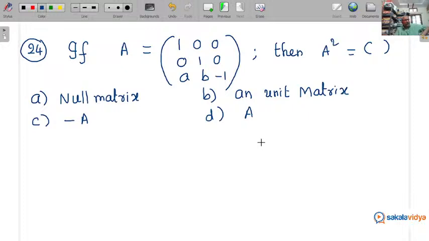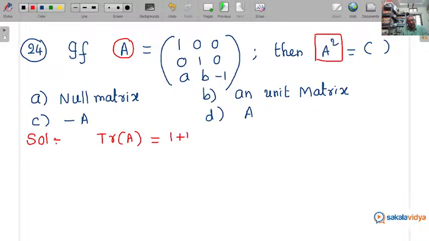So let us find out A square as you wish, your own way. So A is given. Next, A square we need to find out. See, first, trace of A find out. See, trace of A is equal to 1 plus 1 minus 1. Sum of the principal diagonal elements.